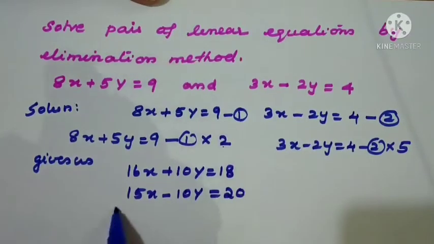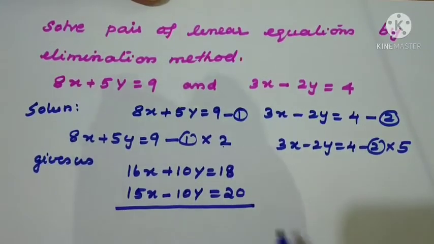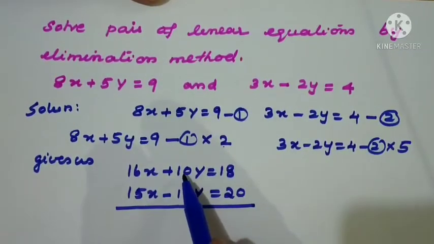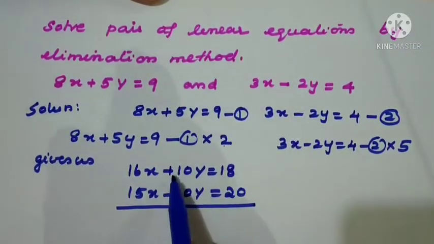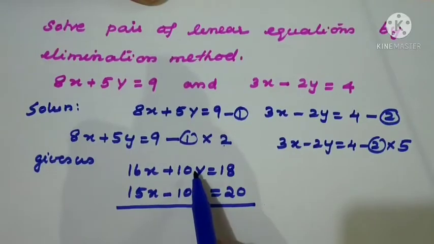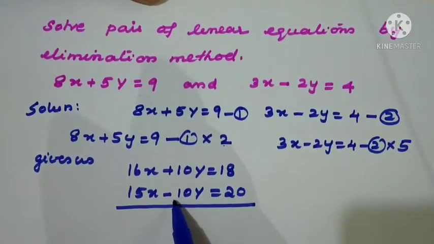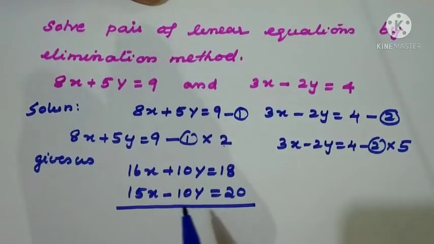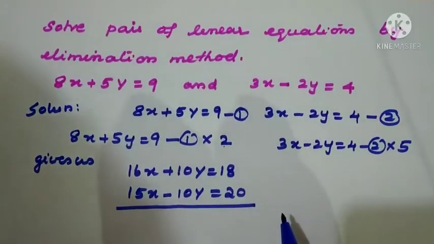Now you see, if you consider these two equations, what is the thing here? x is 16 and 15 only, but the y coefficient, one is plus, another one is minus, with the 10. So if we add this one, what will happen? It will get cancelled, right? Because it is the opposite sign. Last time we got the same sign, so we did the subtraction.